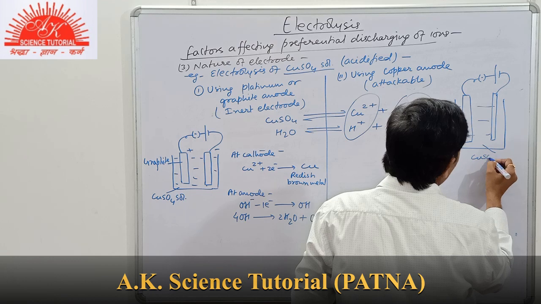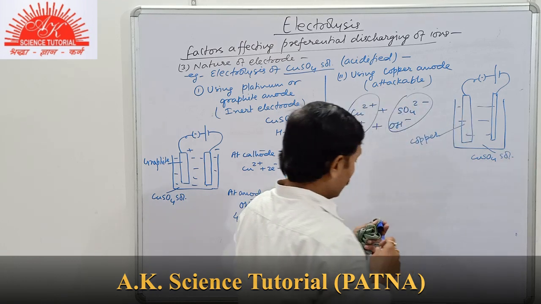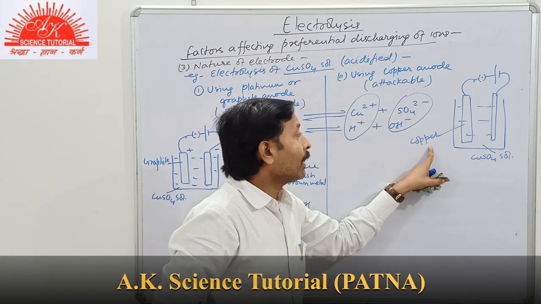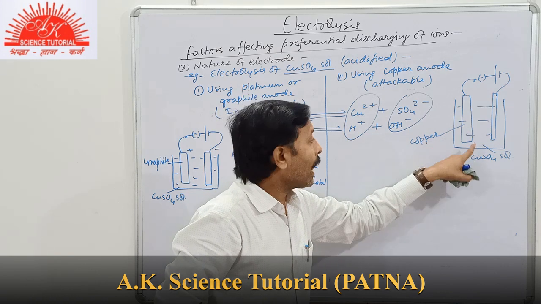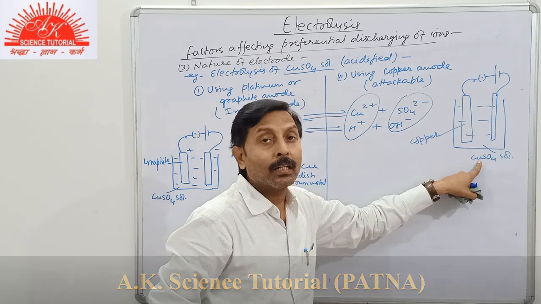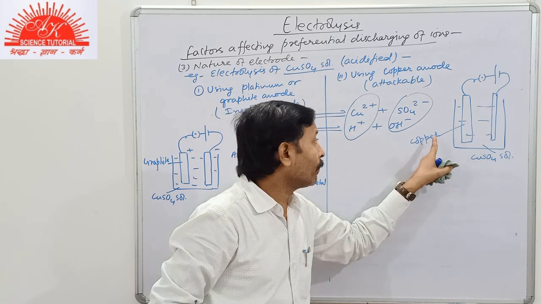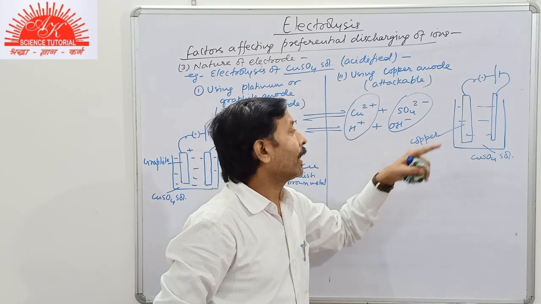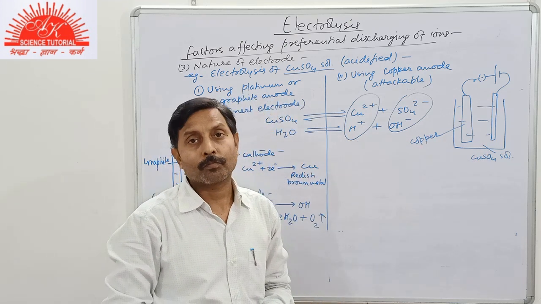This is CuSO4 solution. That is, the metal at anode whose ion will be present in the electrolyte as the salt solution of that metal, then it is attackable electrode.